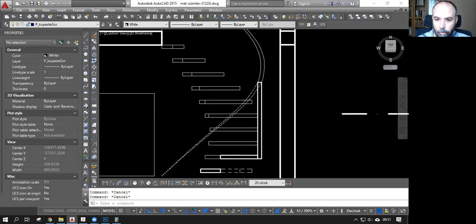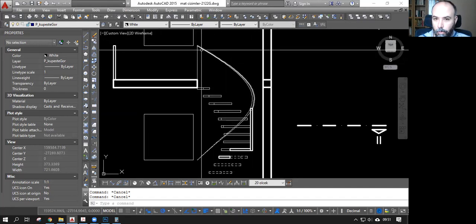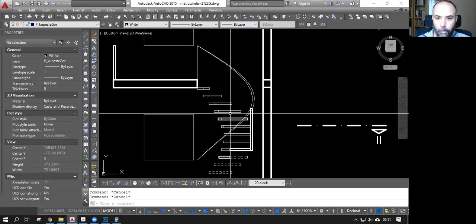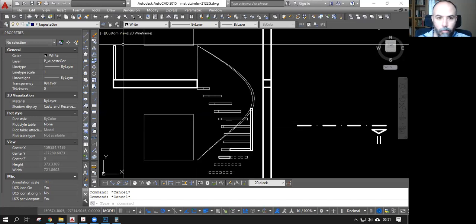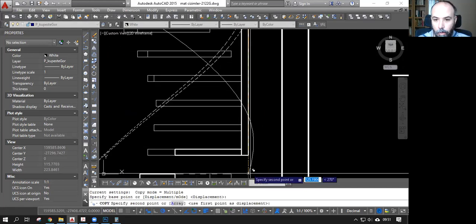So this is how it appears. This is the cut surface of the handrail, the upper surface that we can see, and here it becomes horizontal at this point. And now I need to do that part, which we can see here.